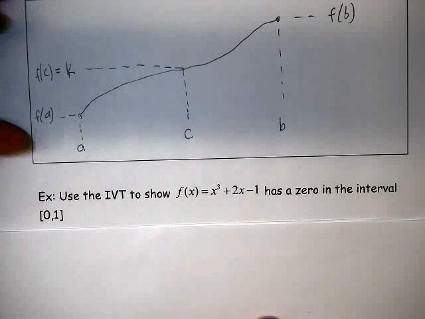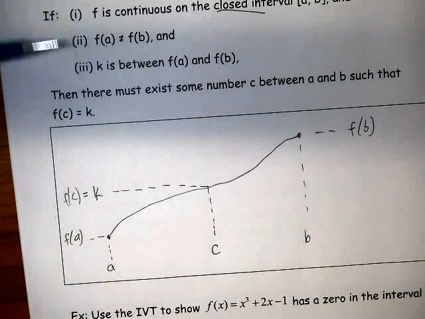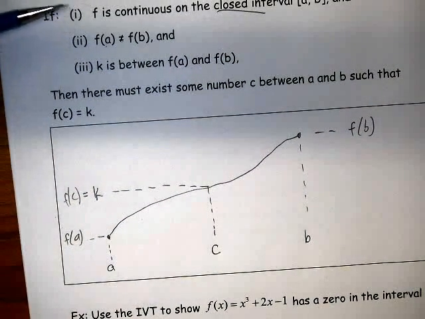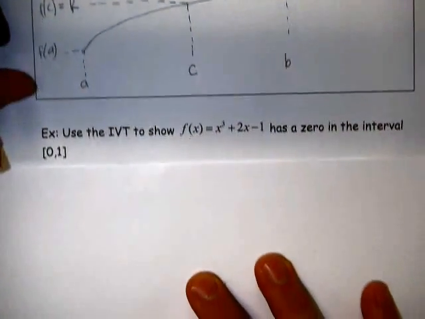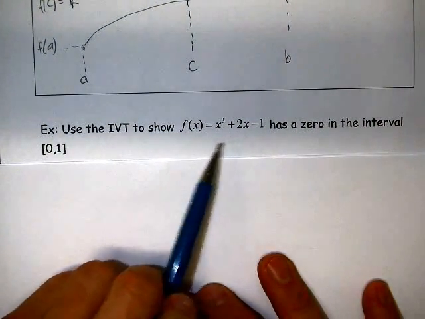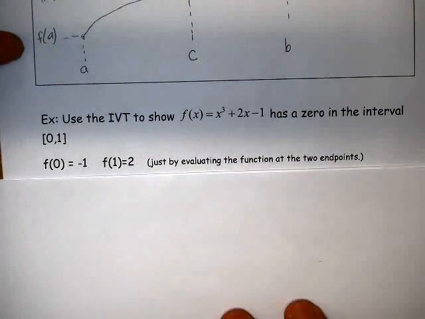So in order to use the IVT, we have to justify its use. So we have to show that these three conditions are met, and if these three conditions are met, then we can make the conclusion using the IVT that f of x has a 0 between 0 and 1. So let's look.